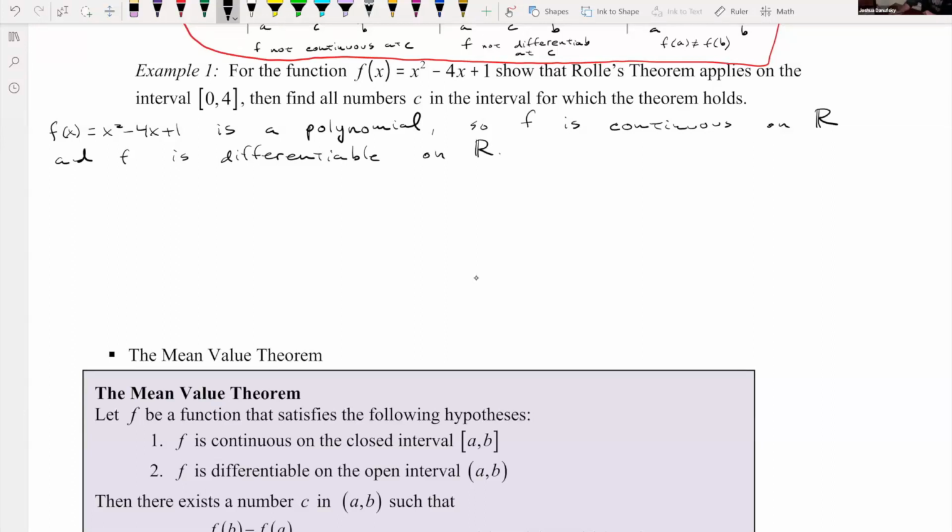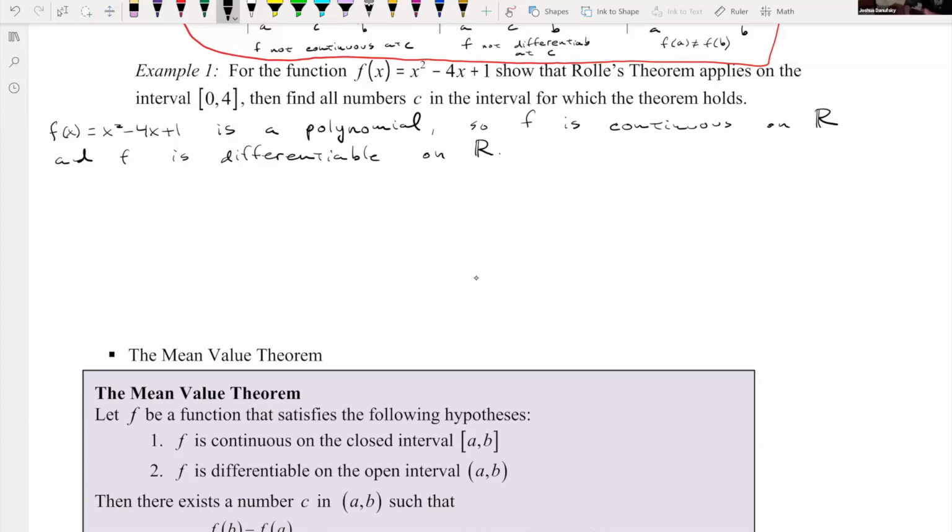Okay, to use Rolle's, you have to tell the reader, I know this is my function and it's continuous on, really on the interval is what we care about, right? Continuous on 0, 4, but if it's continuous on R, it's going to be continuous on 0, 4, and it has to be differentiable on 0, 4. Okay, that's great. Now what?